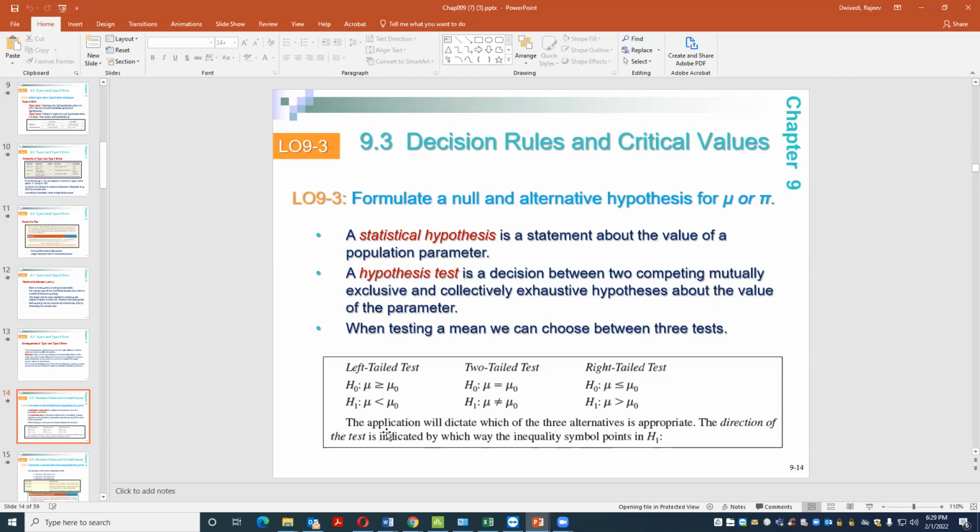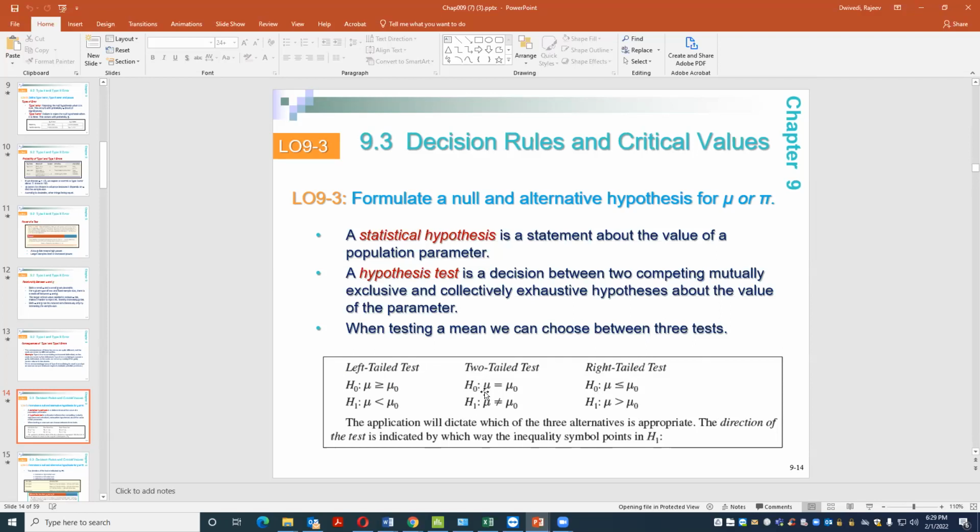Basically, left tail test is on the left side of the curve, right tail test is on the right side of the curve, and two tail is 50-50, meaning both sides. We already learned this in the normal distribution. So these are the three hypotheses we can frame based on mean.